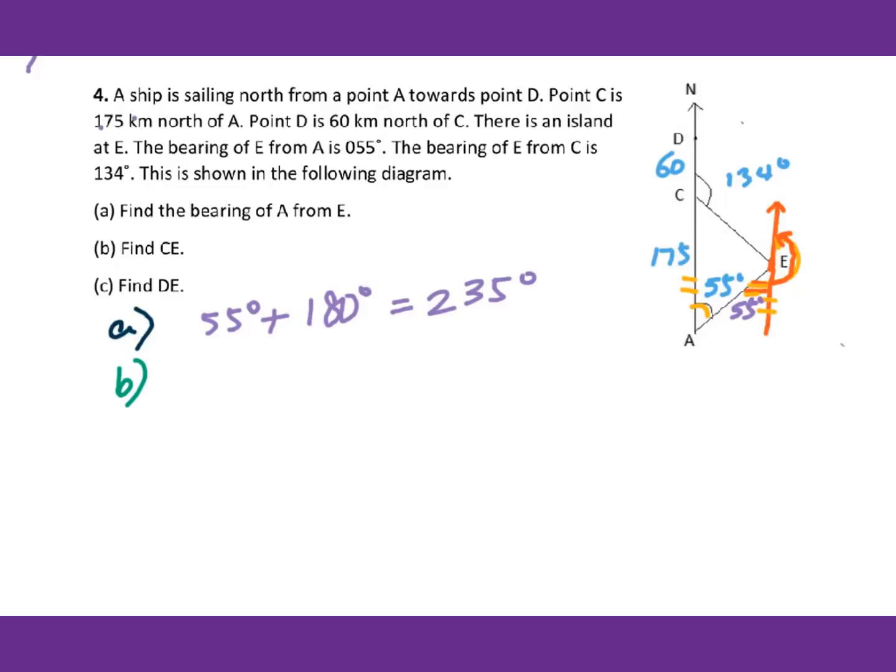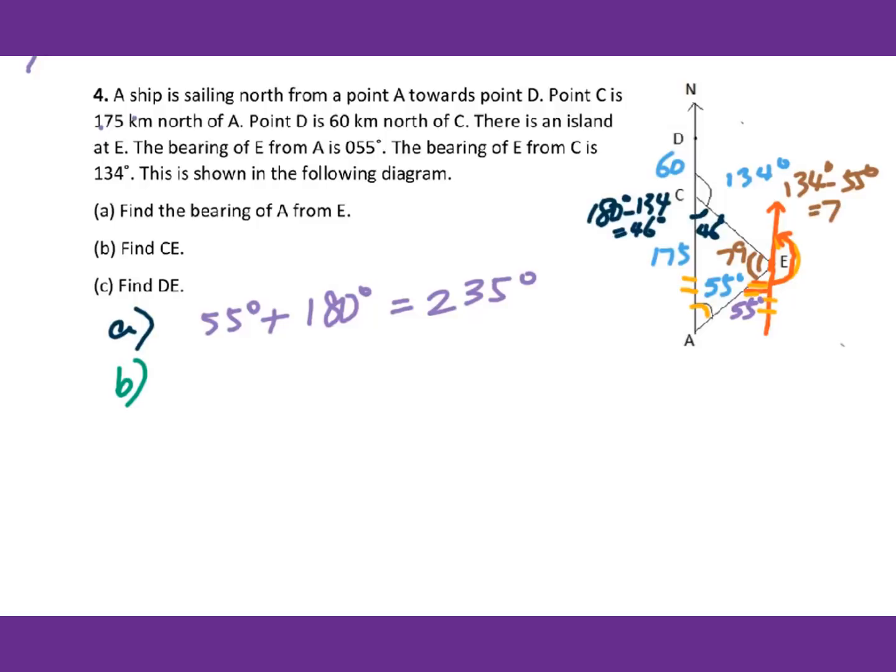For B, find CE. We're working on triangle AEC. Try to figure out all angles available. This angle, you can use 180 degrees minus 134. That's 46 degrees. This angle, you can use 180 minus this to get this angle, or you can use 134 degrees minus 55 degrees.